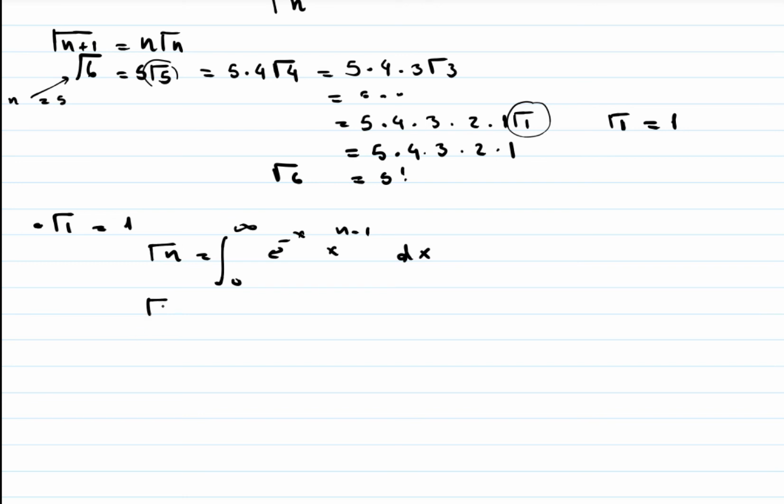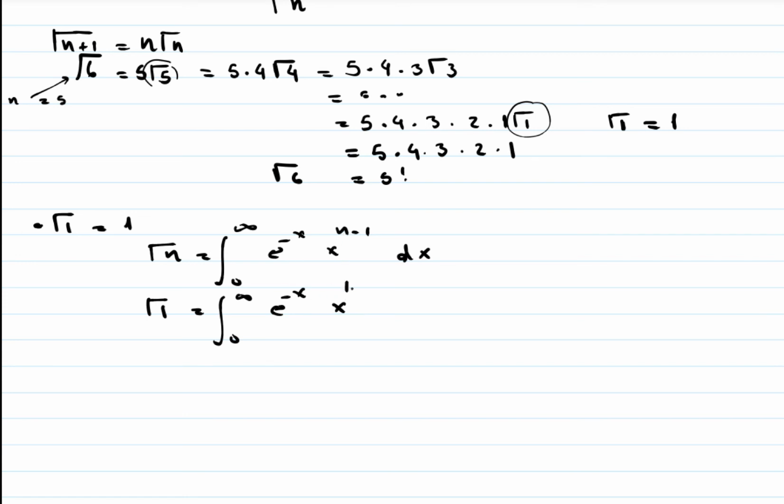So what I'm going to put is gamma of 1 is equal to the integral from 0 to infinity of e raised to minus x, which doesn't change, but n changes because n now is 1.